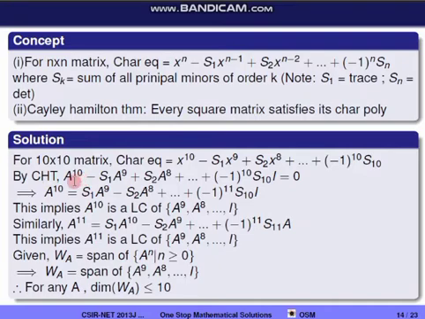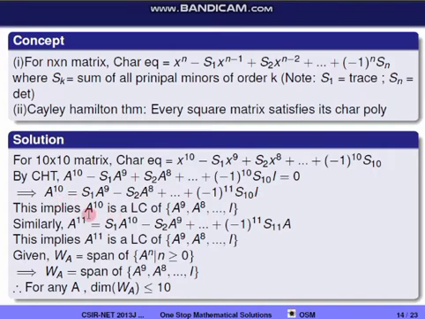Therefore, A^10 - s1 A^9 + s2 A^8 + etc. + (-1)^10 s10 I = 0. From this I can write A^10 = s1 A^9 - s2 A^8 + etc. up to (-1)^11 s10 I.